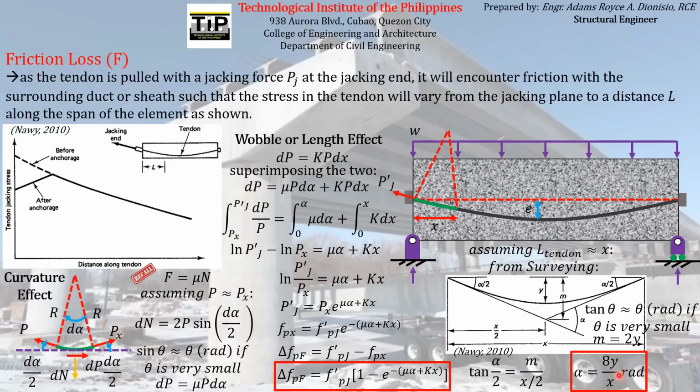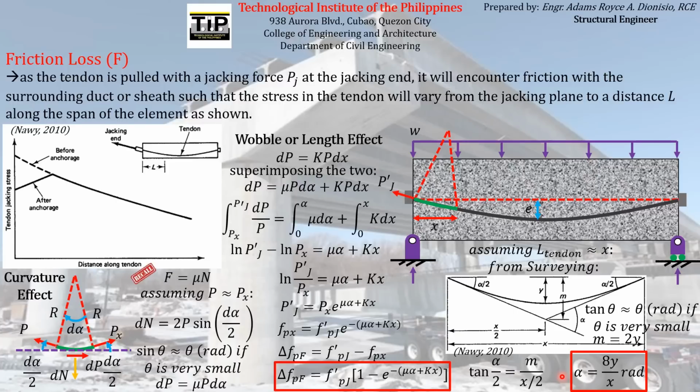You can use this formula if you have no other way to find the angle alpha, the angle of curvature, between the point on the pre-stressing reinforcement where you want to find the change in jacking force, or the friction force, sorry, at a certain point along the pre-stressing reinforcement. You can use this formula.